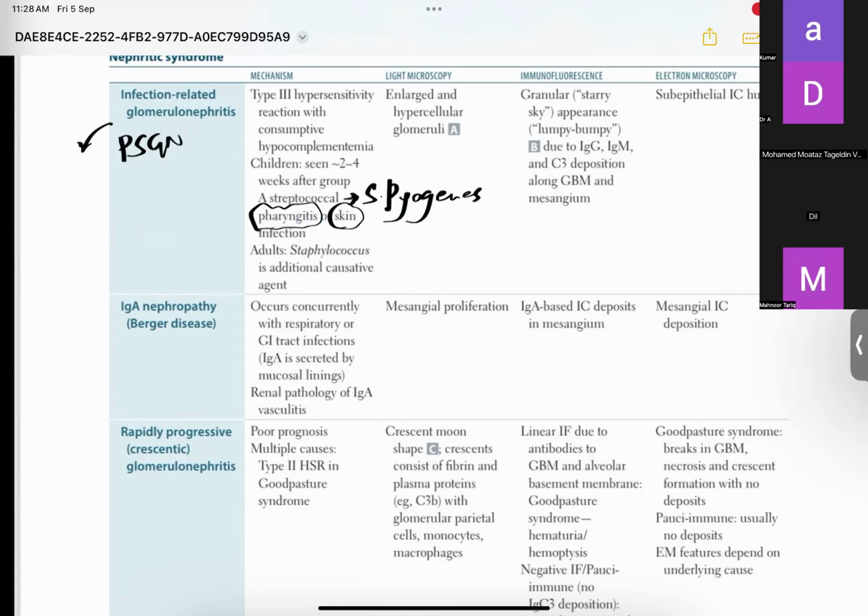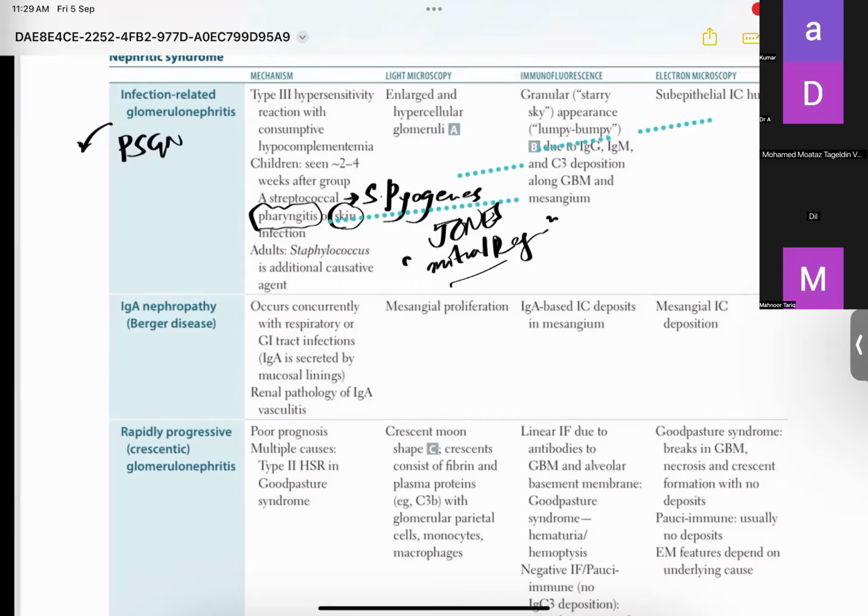And in the Jones criteria we had, right? So it can cause joint pain. I think mitral regurgitation was there, right? I forgot the micro, okay? What I'm saying is the Strep pyogenes is causing the problems over here, okay?